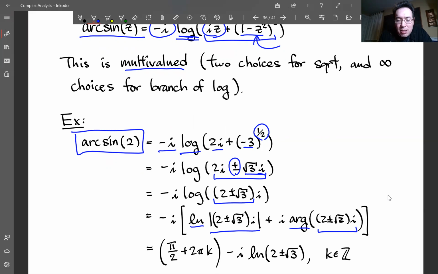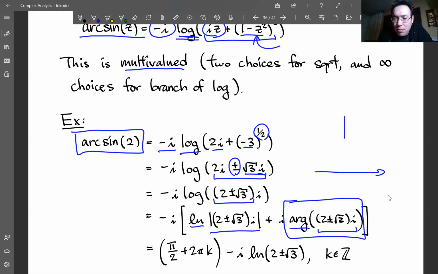Let's do the argument part first. 2 plus or minus square root of 3 is going to be positive, right? 2 is larger than square root of 3, so even if you subtract square root of 3, you're going to have a positive number.